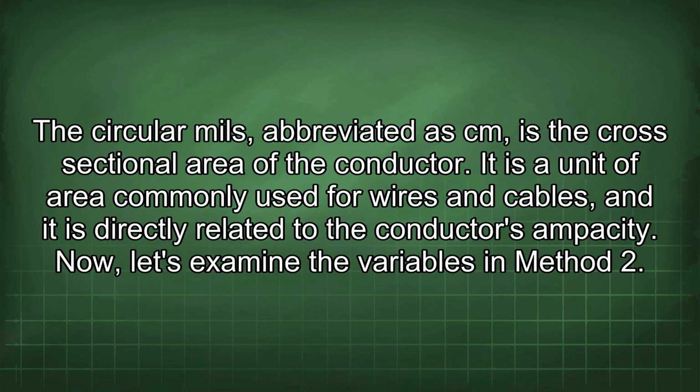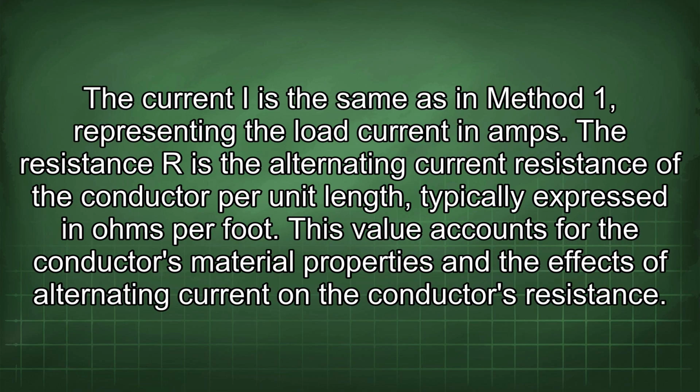The circular mils, abbreviated as cm, is the cross-sectional area of the conductor. It is a unit of area commonly used for wires and cables, and it is directly related to the conductor's ampacity. Now, let's examine the variables in method 2. The current I is the same as in method 1, representing the load current in amps.